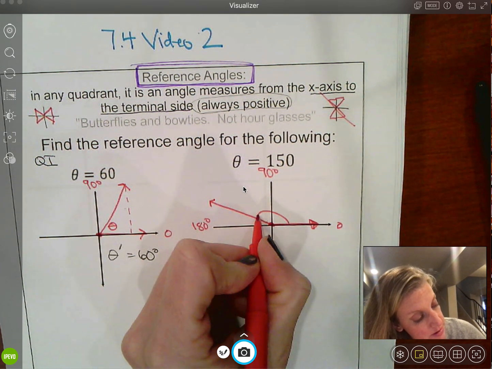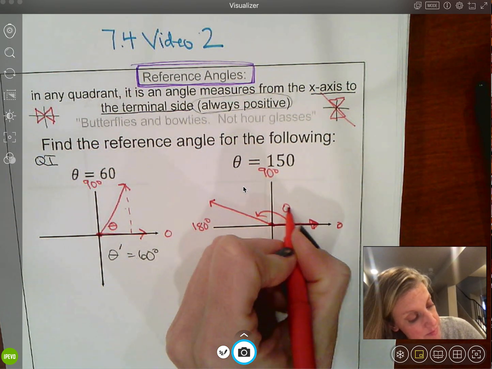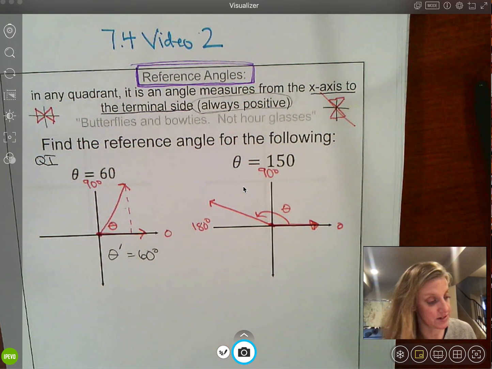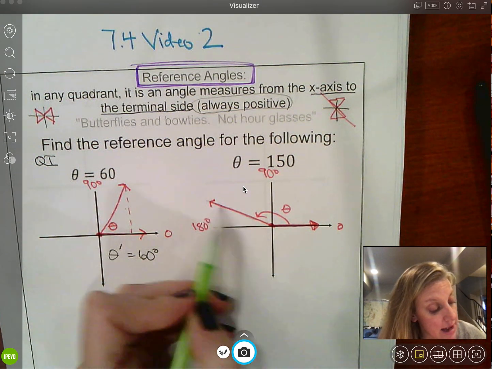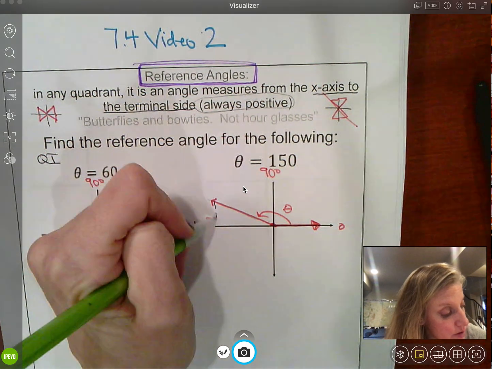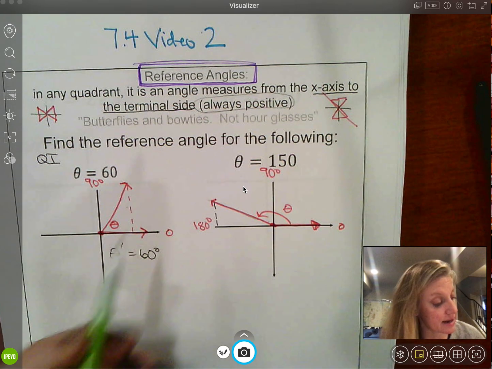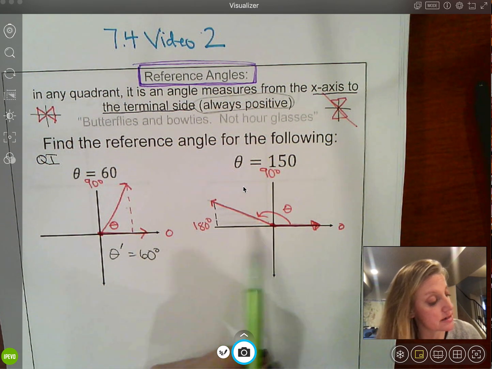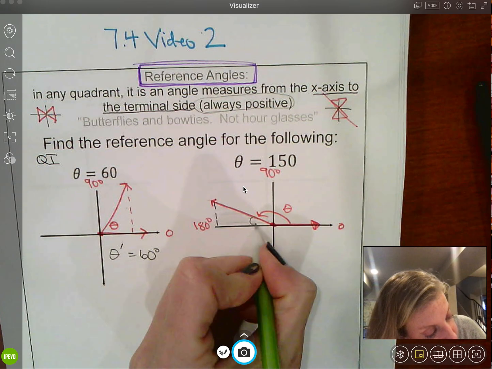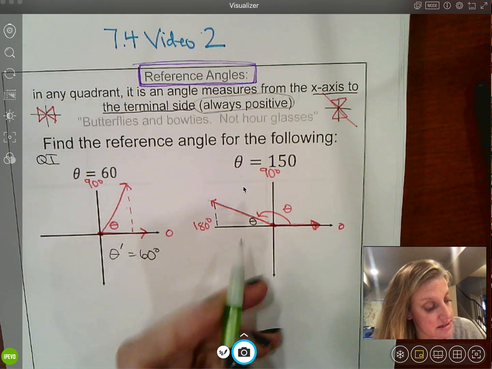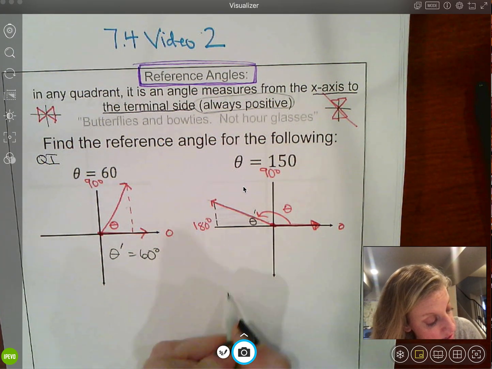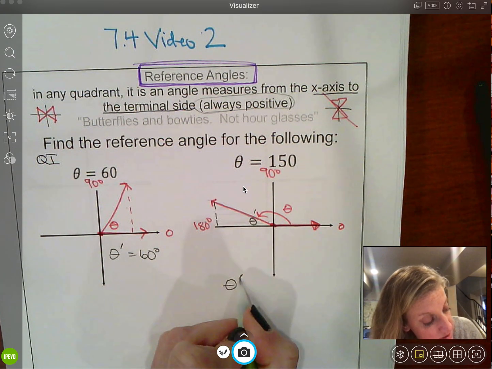So from here to here, that is that angle measure of 150. Now the reference angle says, look at the terminal side, drop down to the nearest x-axis. So the triangle we're looking at is right here, which means the reference angle is that angle tucked in between the x-axis and the terminal side. So I represent it with theta with a dash.